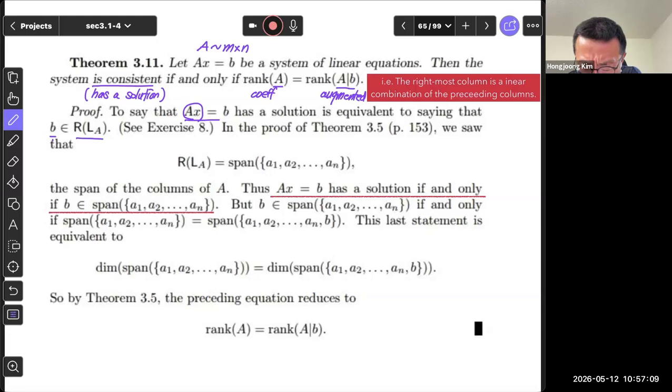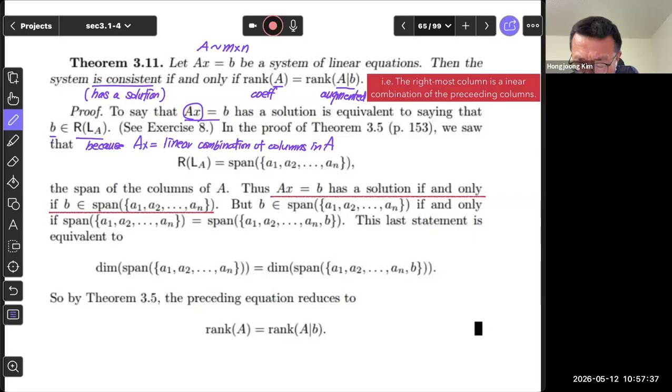And because A times X represents a linear combination of columns in A matrix.